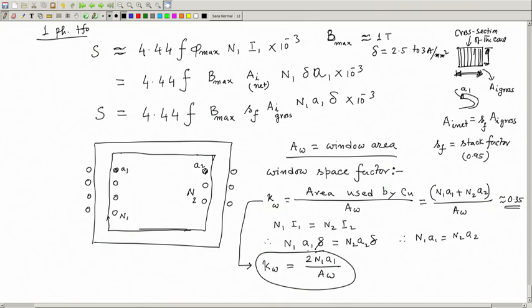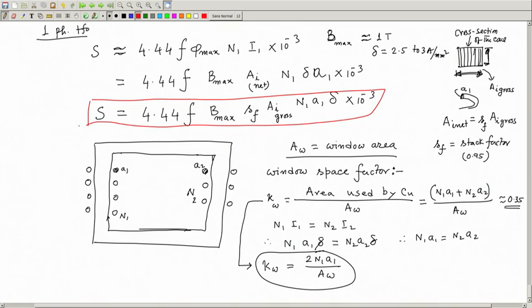Now, we will come back to this equation, and we note that from this, N1 A1 is equal to KW AW divided by 2. So, for N1 A1 I will put this there. I do that in the next page.